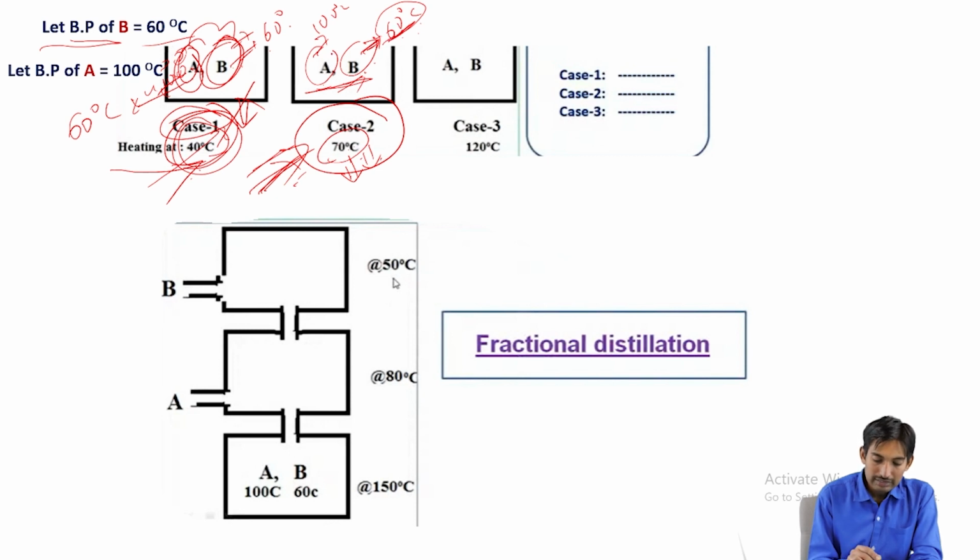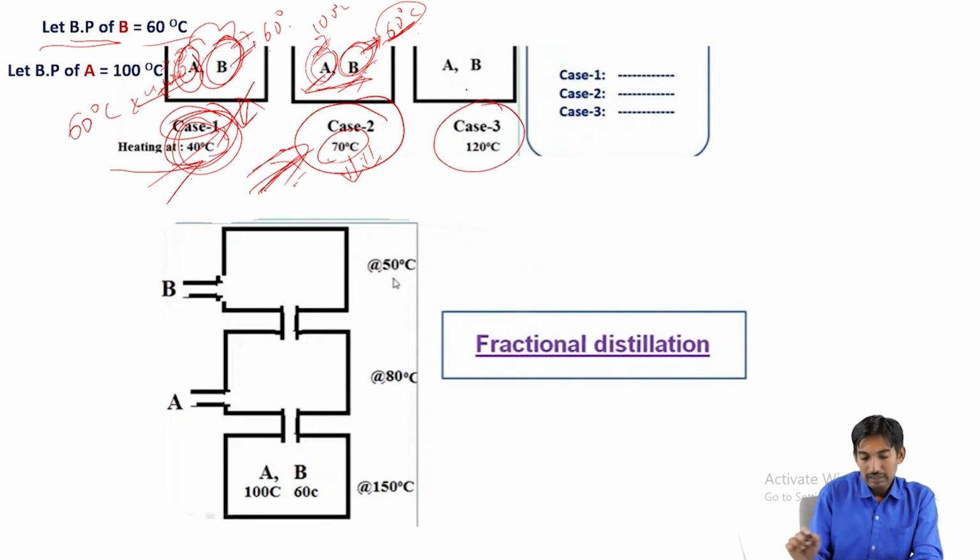Means A is still in liquid form. B will undergo vaporization because we are supplying a temperature more than the boiling point of the B fraction. So in this case, A will be in liquid form and B will be in vapor form.